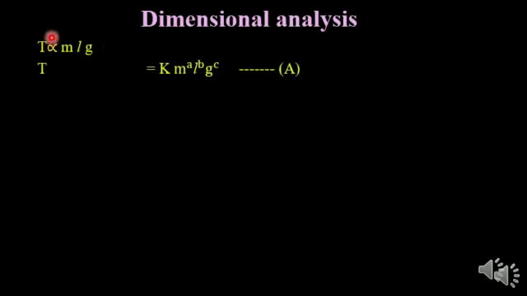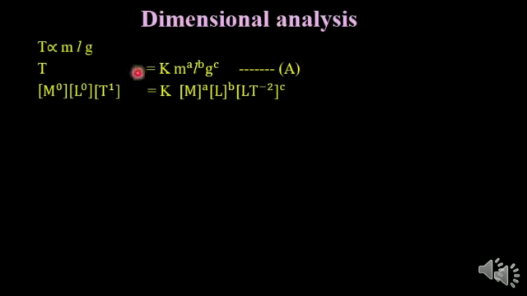Replace proportionality by equal to and a constant k, and give a, b and c as powers of M, L and g respectively. Then the above equation becomes T equals k M to the power of a, L to the power of b, g to the power of c.